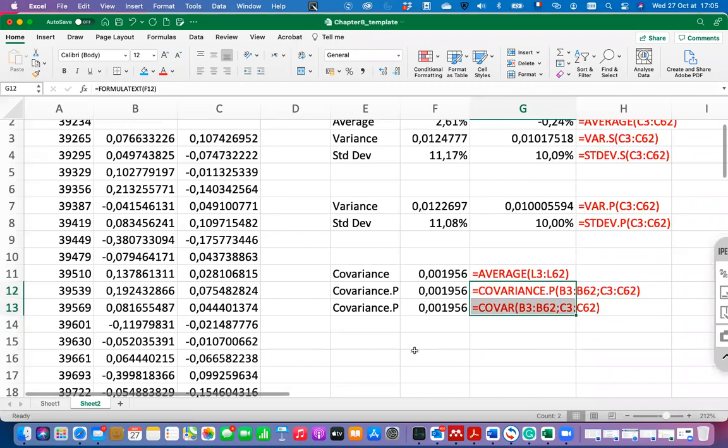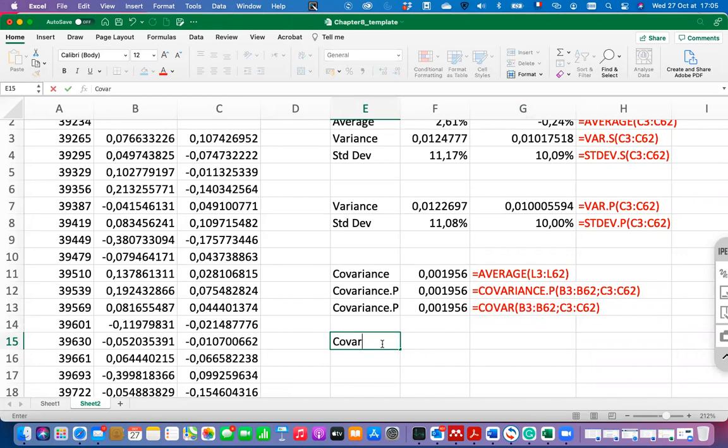Now, for the sample. So how to get the covariance for a sample using the statistical formula? So I told you, we have to divide by the number of observations minus 1, right?